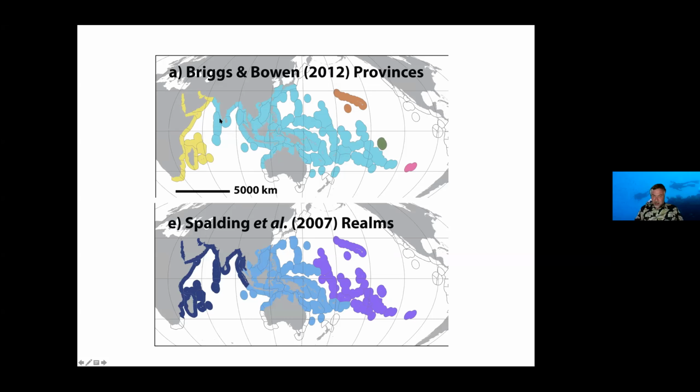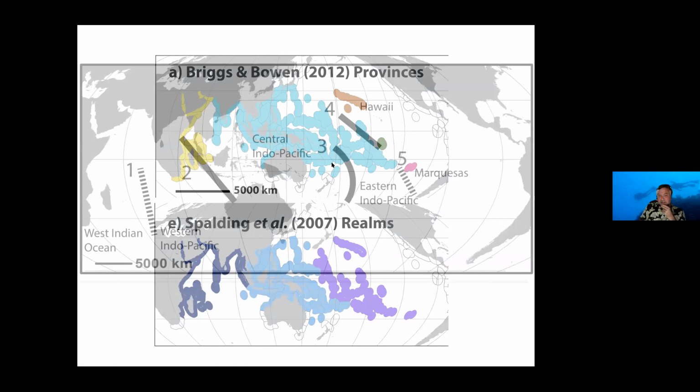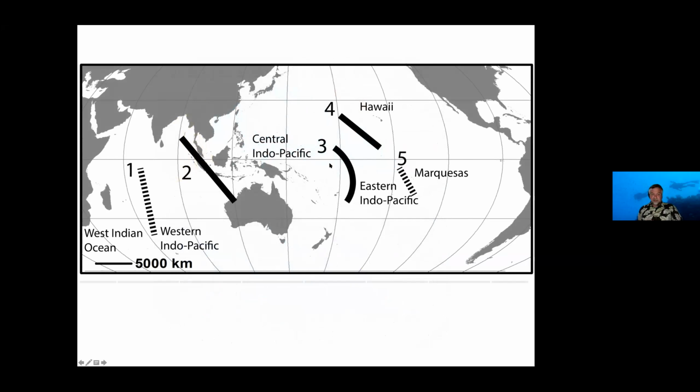So Spalding et al. suggests that there might be a barrier right here between Indonesia and the Indian Ocean. And Brian's hypothesis says that there's a barrier between Hawaii and the rest of the Indo-Pacific. We looked at all those 5 barriers, and then we measured FST across each of those putative barriers.